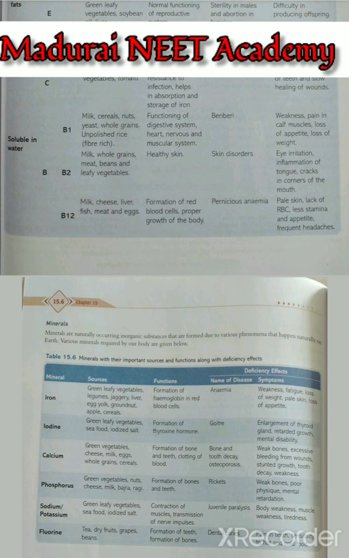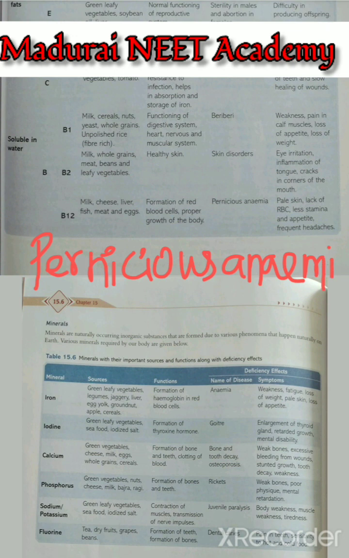The next one is vitamin B12. It is present mostly in liver, cheese, milk, fish, meat and egg. Its deficiency leads to a disease called pernicious anemia. In pernicious anemia, people will experience pale skin.